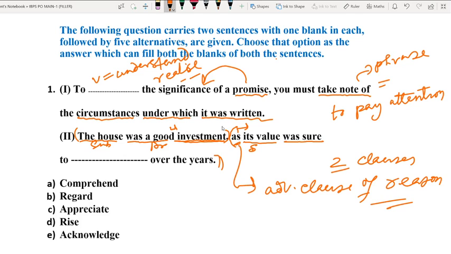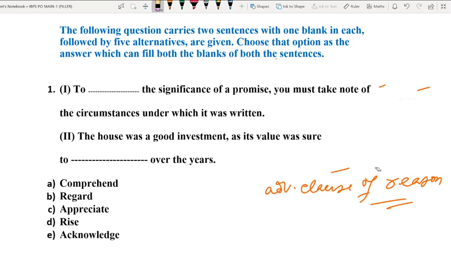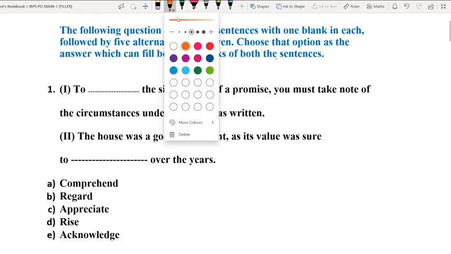Is that clear? So now let us go to the main clause and try to understand what it means. So before that, let me make it clean. Okay, fine. So now, dear students, pay attention to what I am saying.